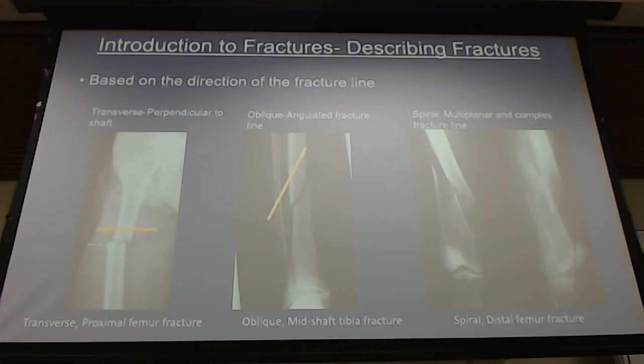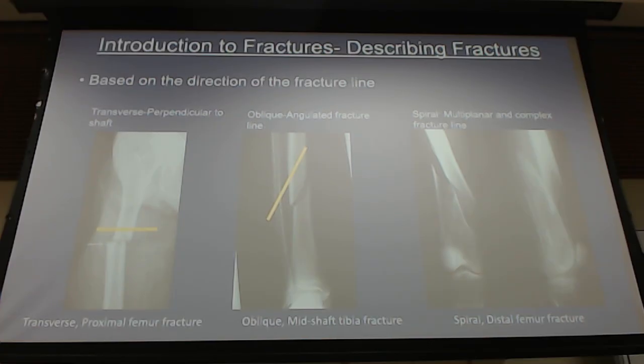A spiral fracture is one in which the fracture line is angled, right, to the long axis of the bone. However, that fracture line is present on two different views. Okay? That's how you can differentiate a spiral fracture from an oblique fracture, or angulated fracture.